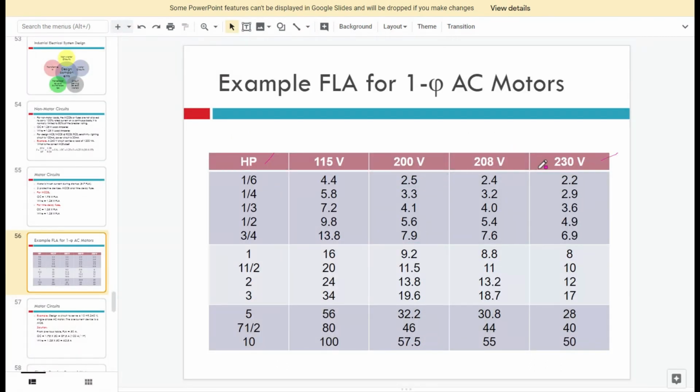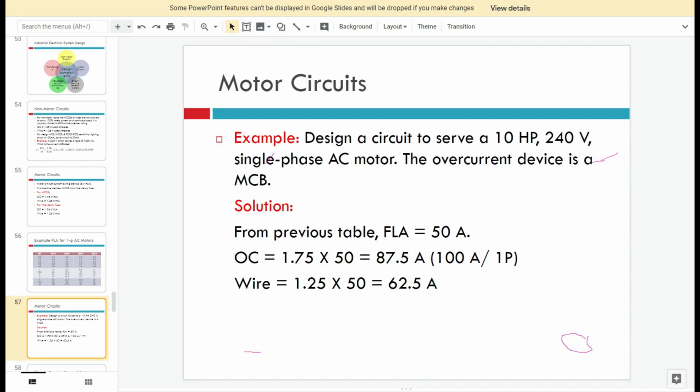As we look here, it is around 200, 230, 240, and the horsepower is 10, and for 230 we see here the FLA is 50. That's why we use 50 amps here.